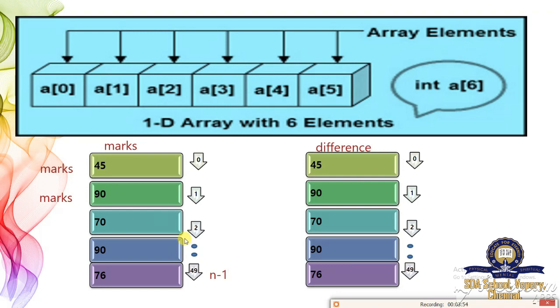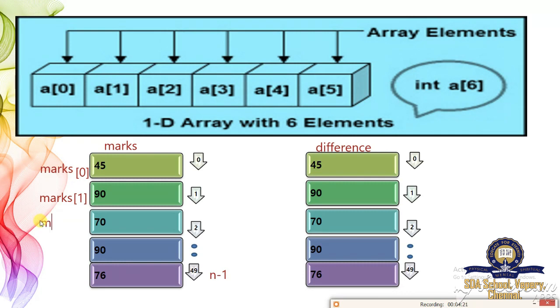Array elements are stored inside the square brackets. Inside the square brackets we can store the array elements, the array indexes. So here is marks 1. 0 represents the first element, 1 represents the second element.